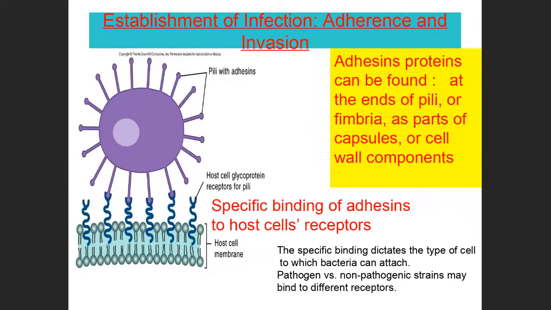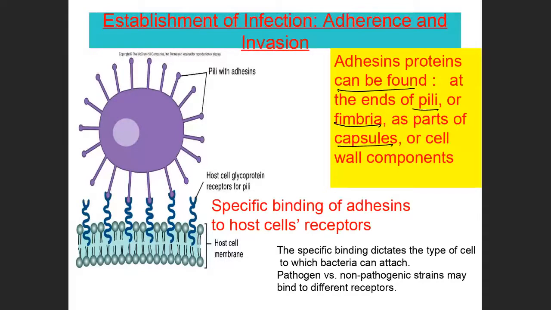So microorganisms, bacteria, attach to their host cells by using adhesins, which are proteins that are found on the surface of the bacterial cells. So these are adhesin proteins. They can be found in the pili, for example, at the end of the pili or the fimbriae, or even as part of the capsules of a bacterial cell.